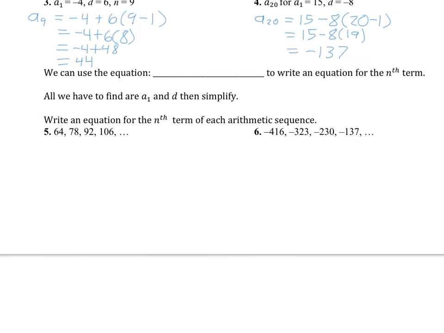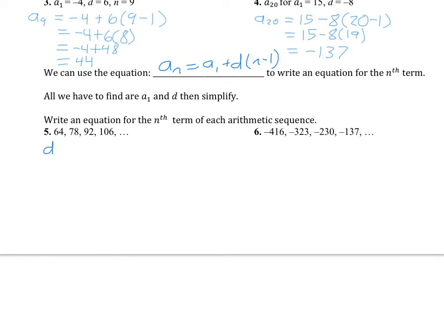We can use the same equation to write an equation for the nth term. So we're going to use the same formula. An equals A1 plus D times n minus 1. All we have to do is find A1 and D and then simplify. So A1 is 64.